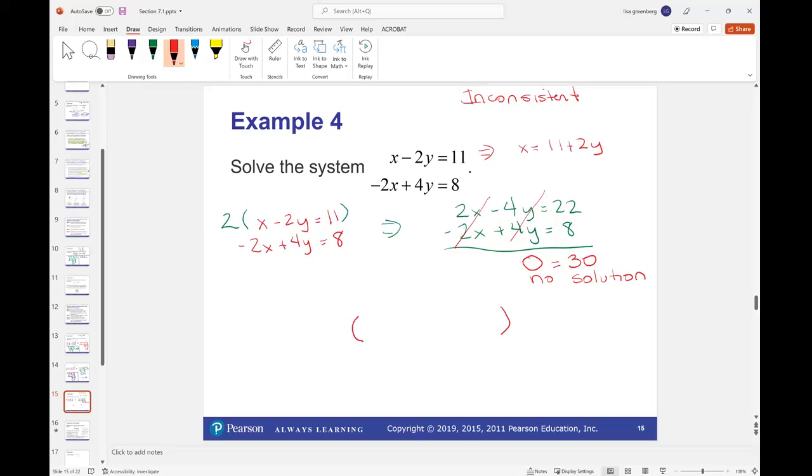Well, then what I could say is, I don't know what y is, but once I do know what y is, x is going to be 2y plus 11. So if I pick y equals 1, I know x is equal to 13, and so on. So there's no solution because I don't know exactly what those values are, but I can write an answer. I don't know or believe that you will have to do that, so I'm not sure.